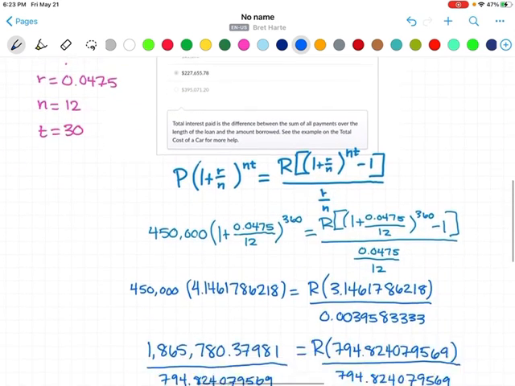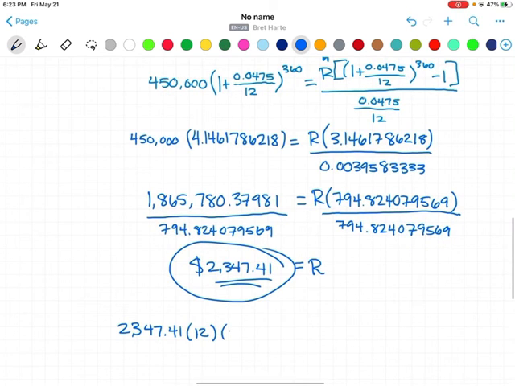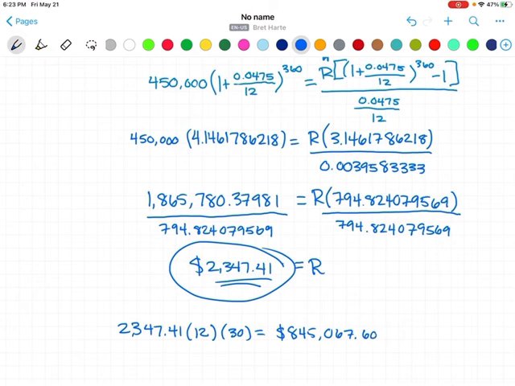That comes out to $845,067.60. Okay, so that's how much he's paid over the entire 30 years.